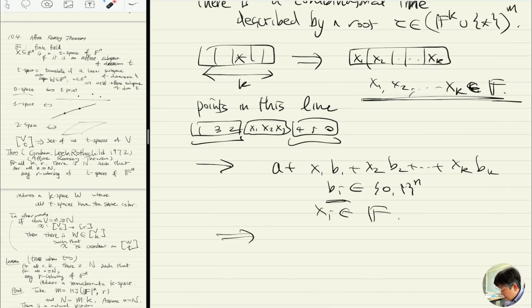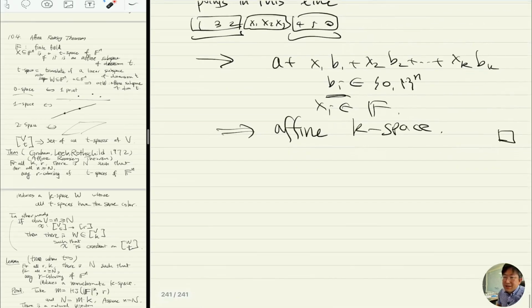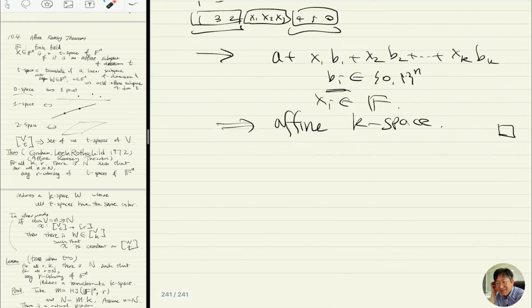So this is affine k space, right? Yeah. So this shows you that when t is 0, then it's trivial.